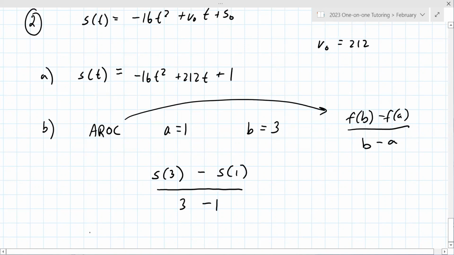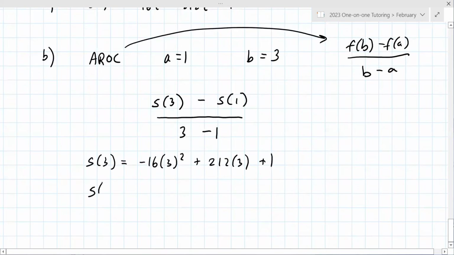So we just find these in pieces. We say, okay, S of 3, put 3 in for t. S of 1, same thing, put 1 in for t. Because we need those numbers for this equation.